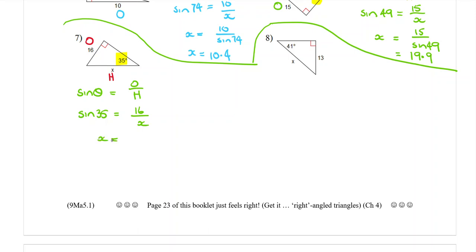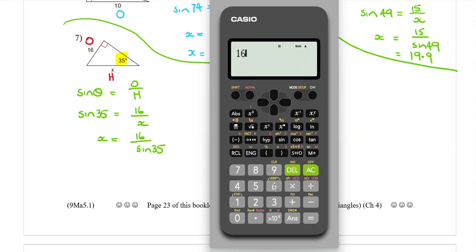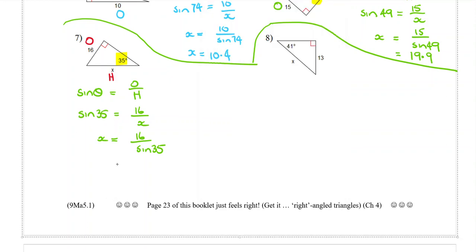X comes over to the left, and it's 16 over sine 35. And type that into your calculator. To one decimal place, it is 27.9.